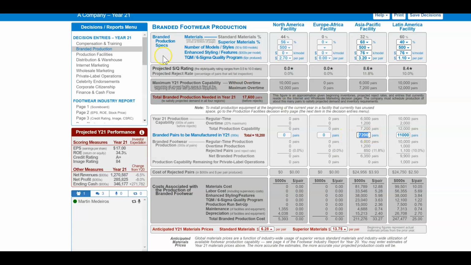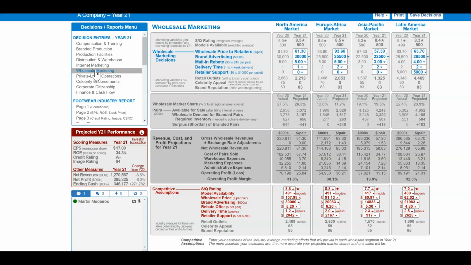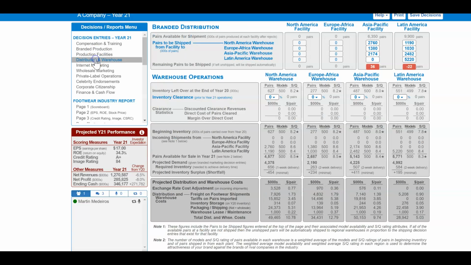Once they produce those shoes, they've got to go to distribution, and ship those shoes to the 4 geographic regions where they sell their shoes. So that's how things work on a very macro, bird's-eye level in terms of marketing their shoe, producing their shoe, and then finally distributing their shoe.